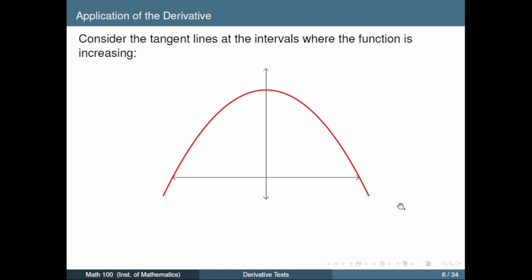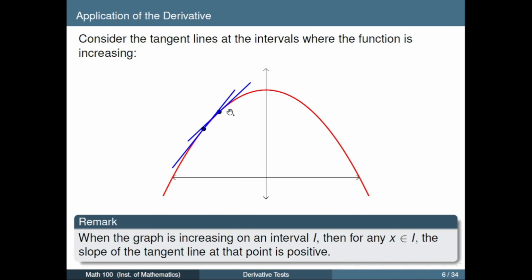Now, i-relate natin yung pagiging increasing at decreasing ng ating graph based on the tangent lines. Okay? So, tignan natin dito. At this point, our tangent line has a slope that is positive, right? Taas siya. Same as well as this point and at this point.